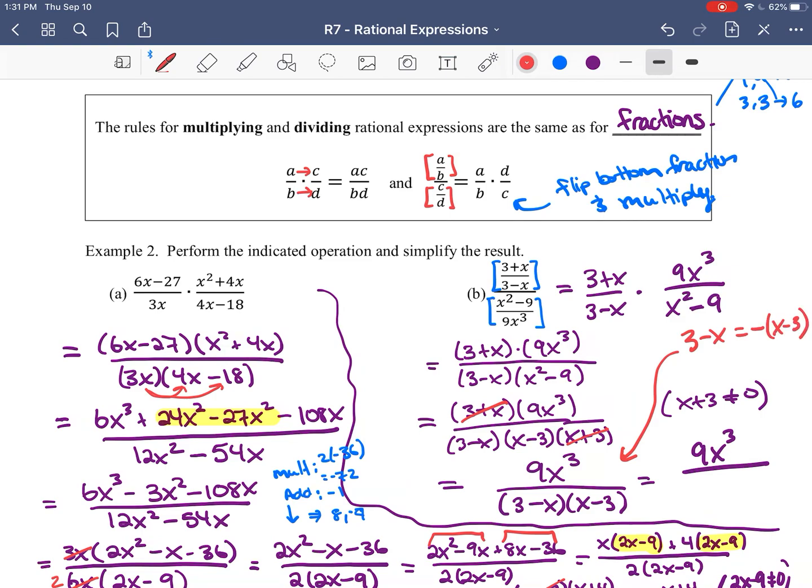So on the bottom, we actually could have negative x minus 3 all squared. And that negative could go on the top, on the bottom, just out front. It's the same either way. But yeah, so it's x minus 3 all squared.